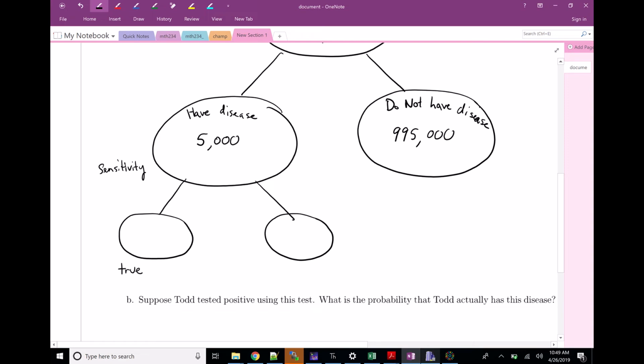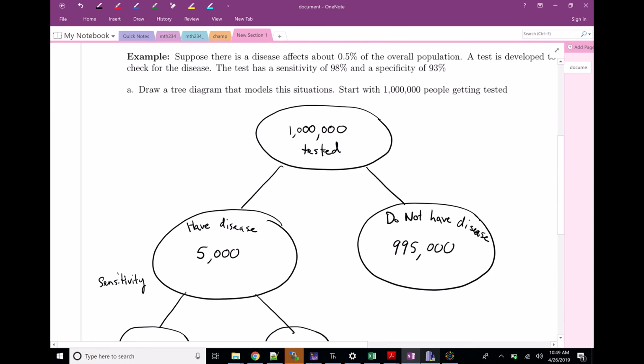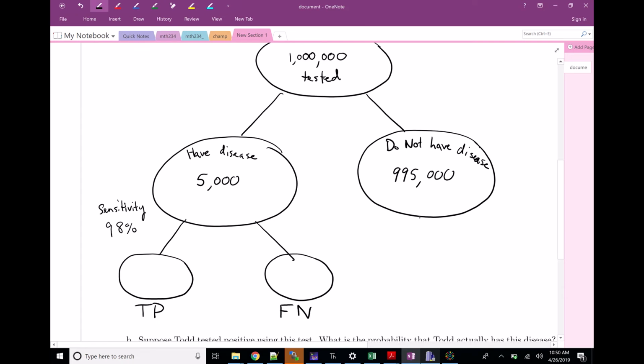I'm just going to go ahead and denote this: for true positive, I'm going to use TP, and for false negatives, I'm going to use FN. So again, we're given up here that our sensitivity is 98%. So 98% of the time, this test gets it right for those who have the disease.